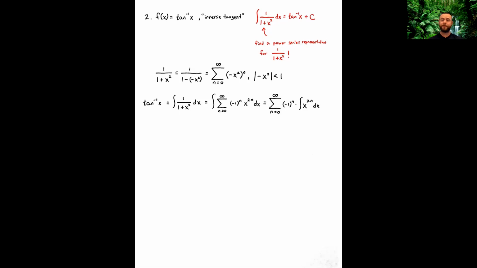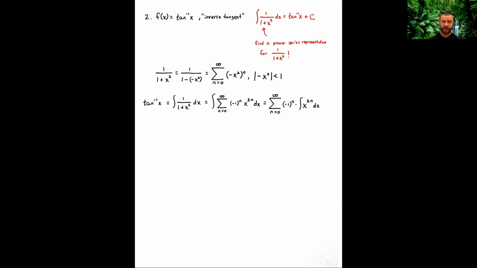The rest of the problem is recognizing our function, inverse tangent or arctangent of x, as the antiderivative or integral of 1 divided by 1 plus x squared. So we take our power series representation and integrate that term by term.